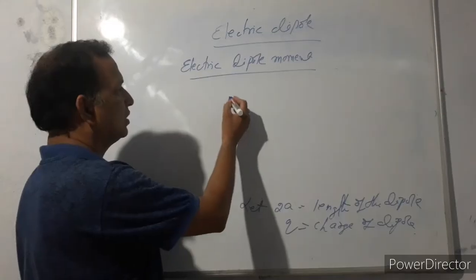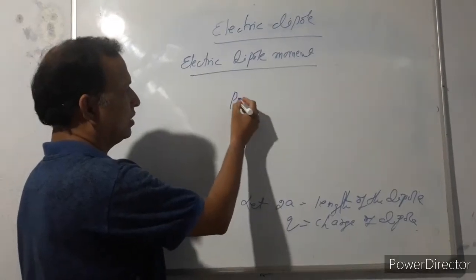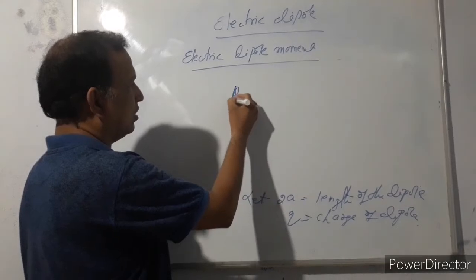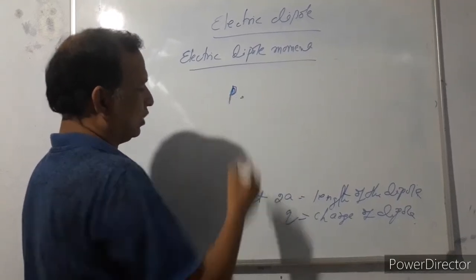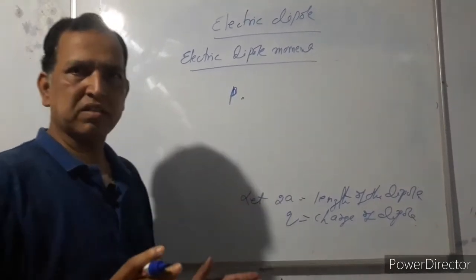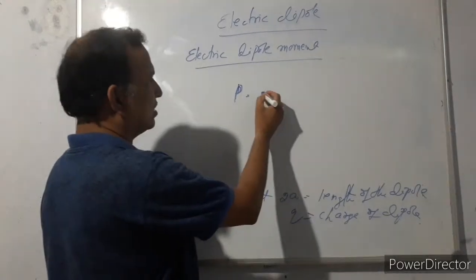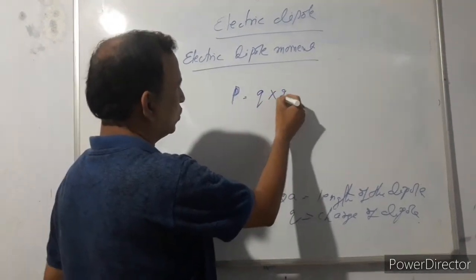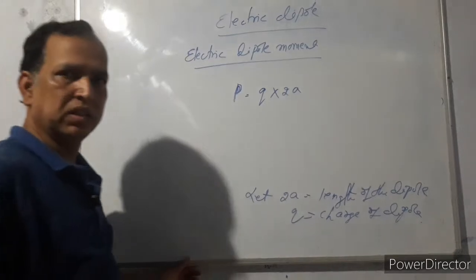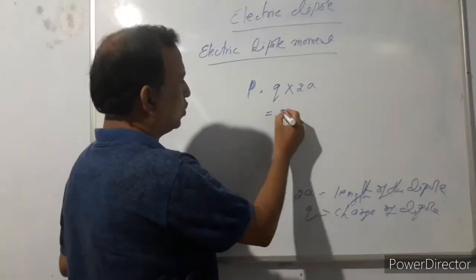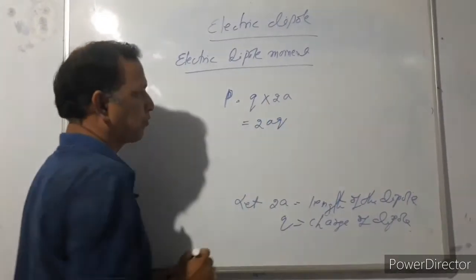Dipole moment, you denote by the letter p. p is equal to the product of charge and distance, q into 2a, so that is equal to 2aq.